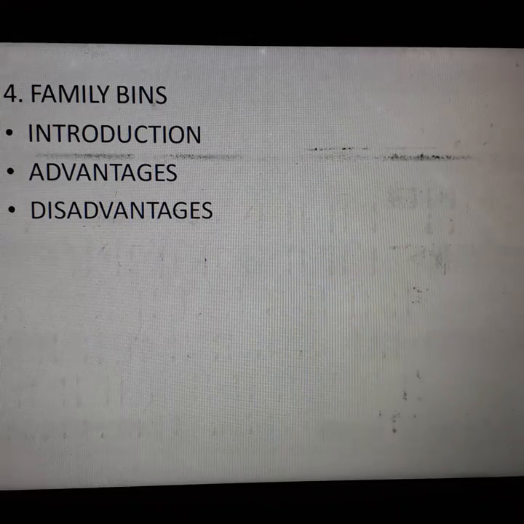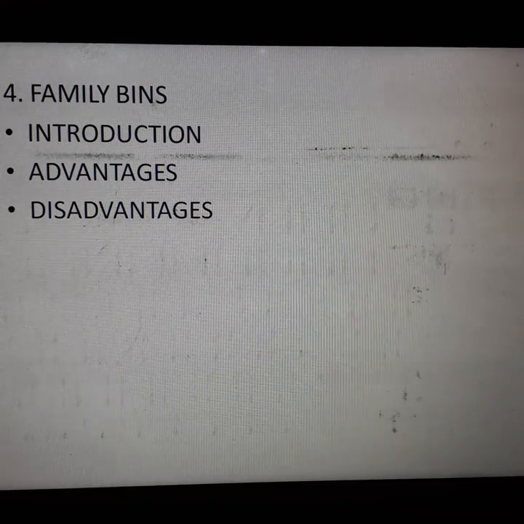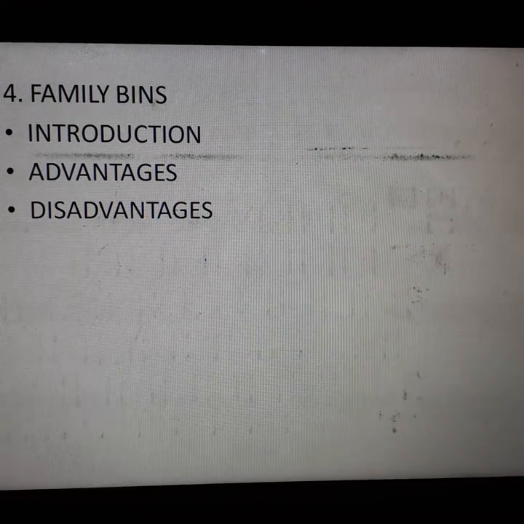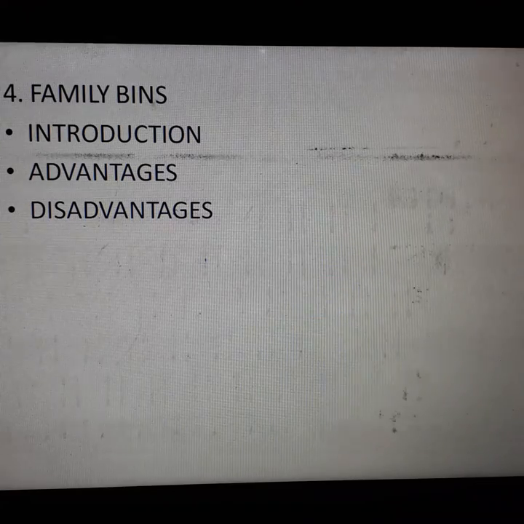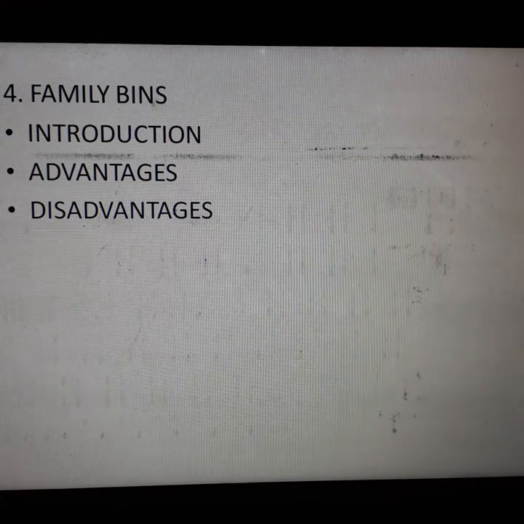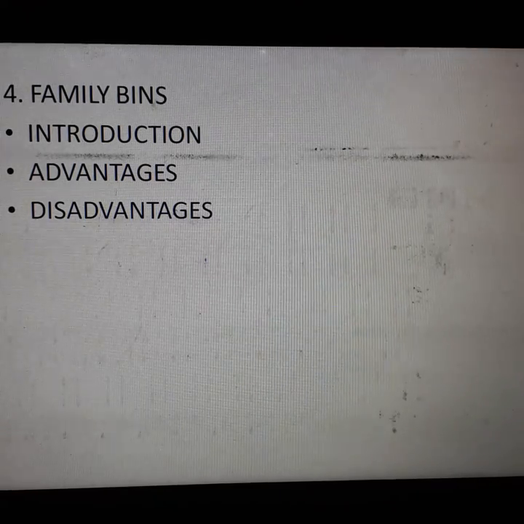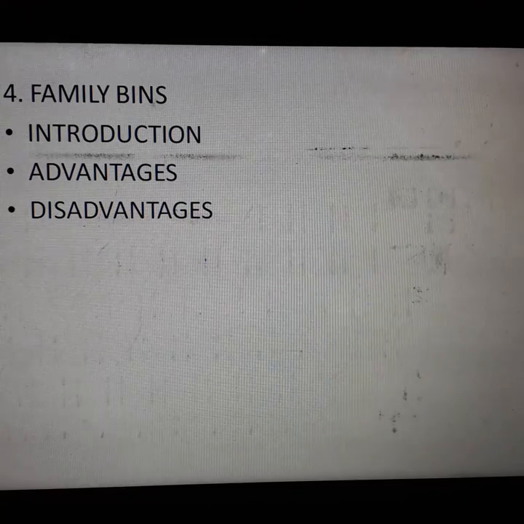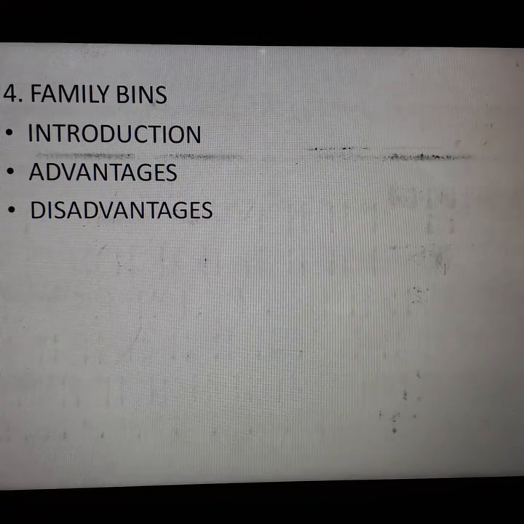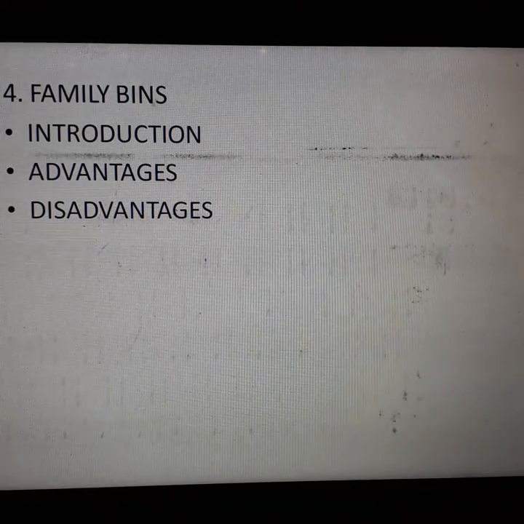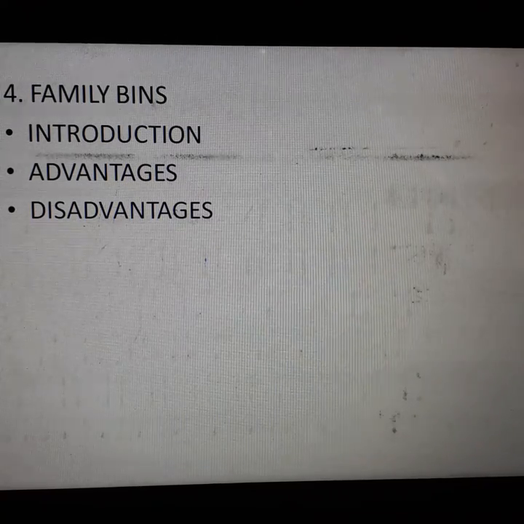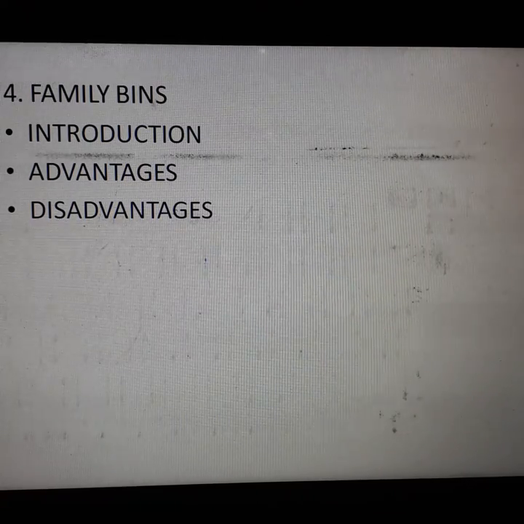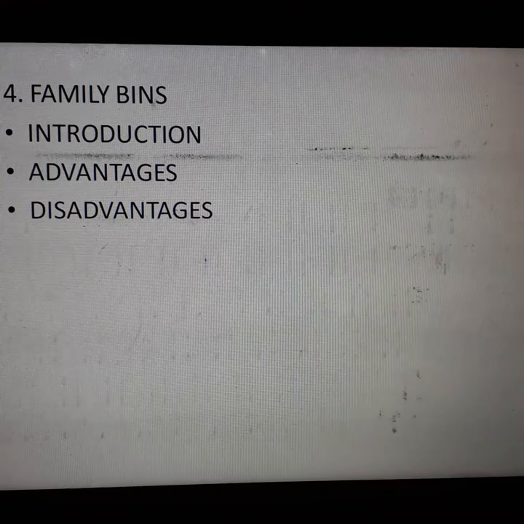Next is family bins. Family bins are rarely used in emergency situations since they require an intensive collection and transportation system, and the number of containers or bins required is likely to be huge.